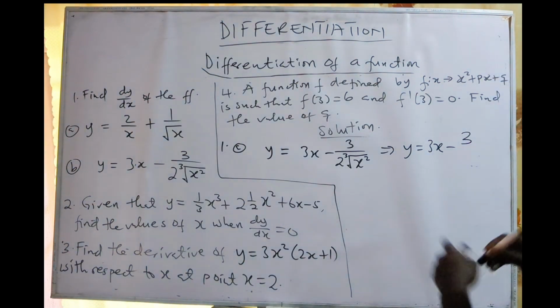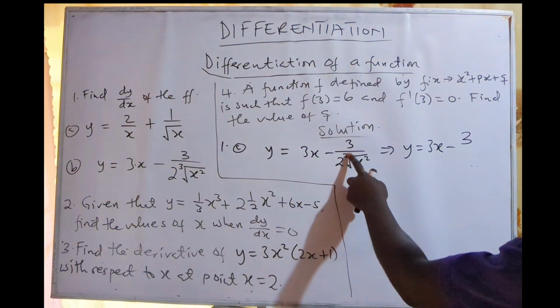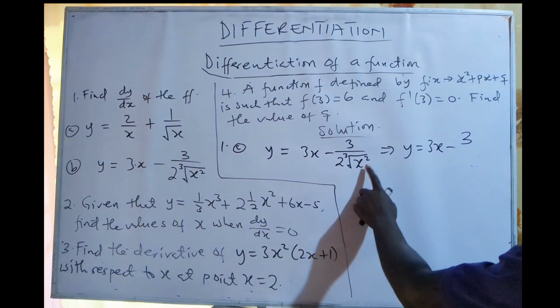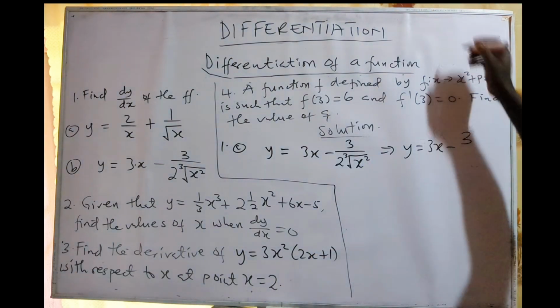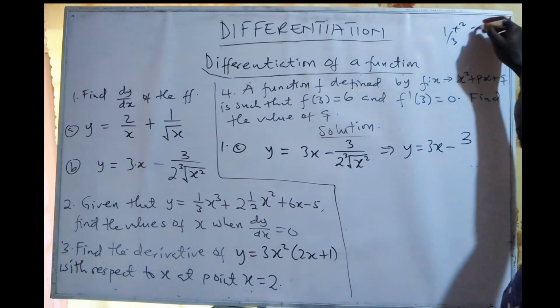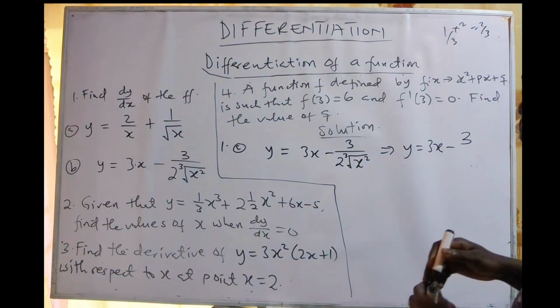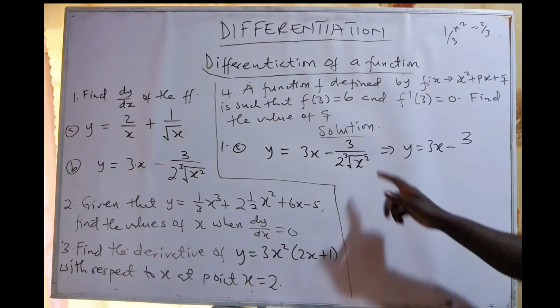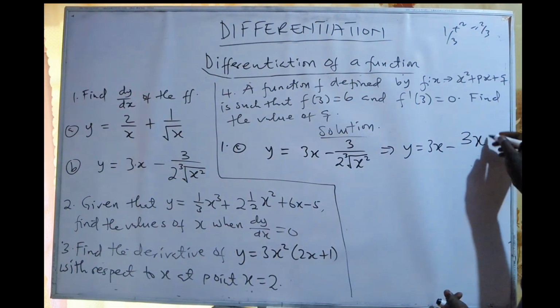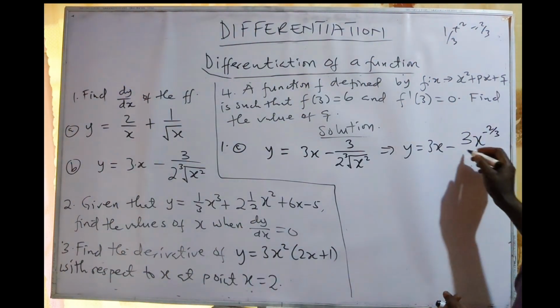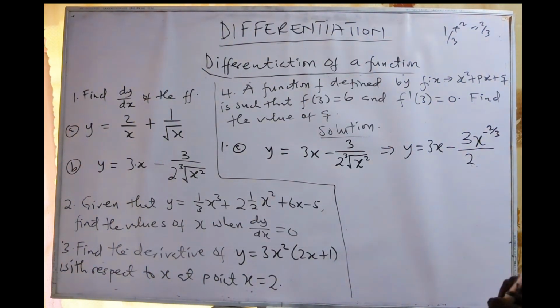Let's look at the x. It is cube root of x squared. Cube root is 1 over 3, and to multiply the square, they become 2 on 3. So when it goes up, it becomes x exponent negative 2 on 3, all divided by 2. Just leave the constant here and take the variable up. So this is what we are going to get.